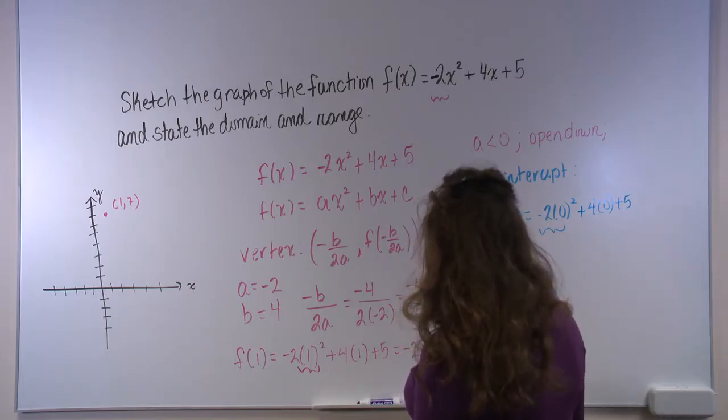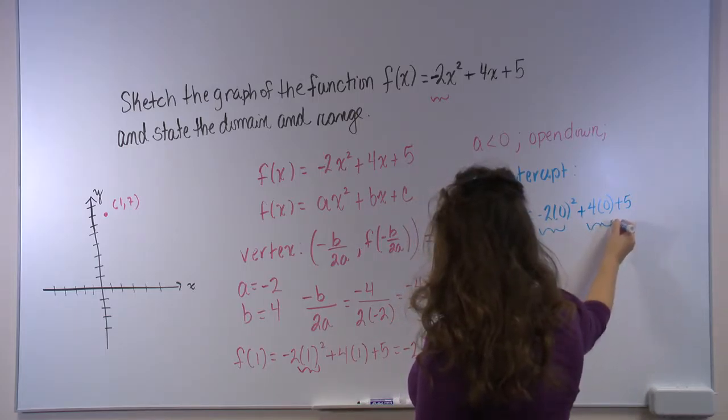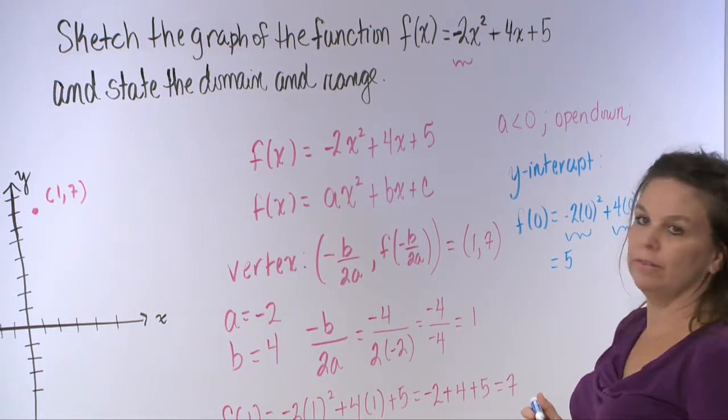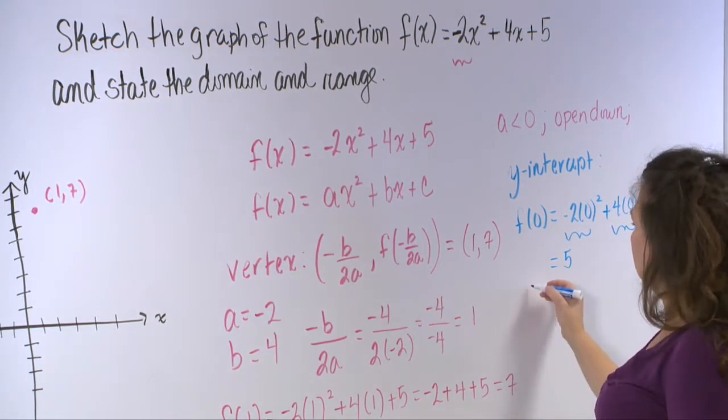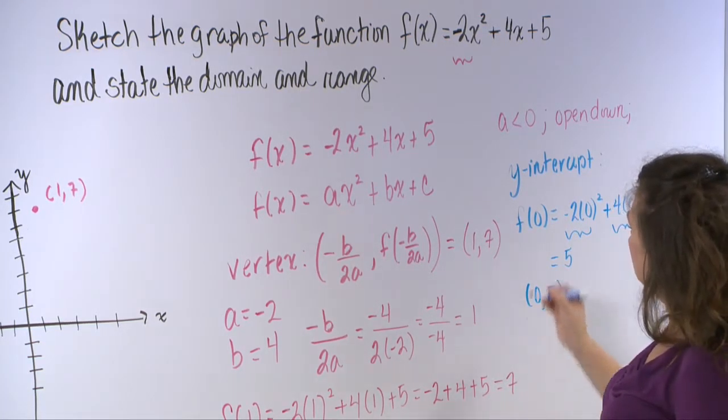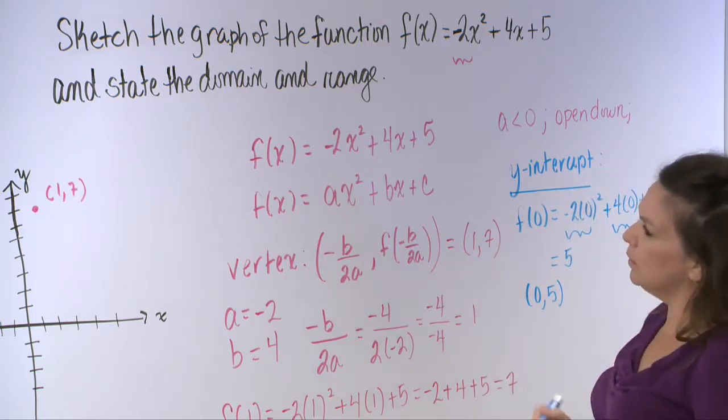And this will give us 0. This will give us 0. And so we have the function evaluation of 5. We have the ordered pair (0, 5). And that is our y-intercept.